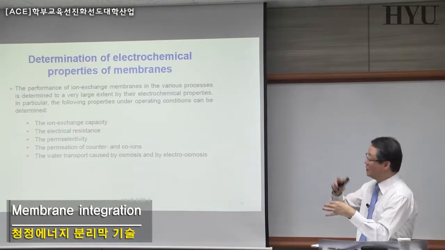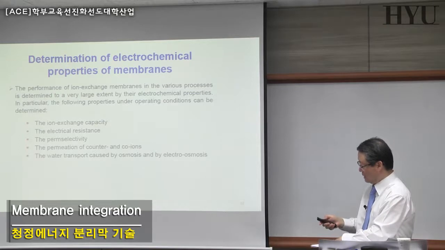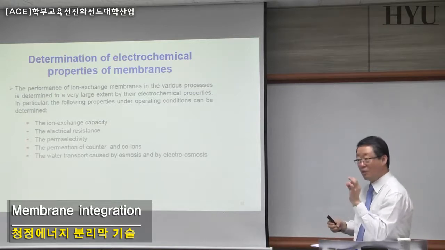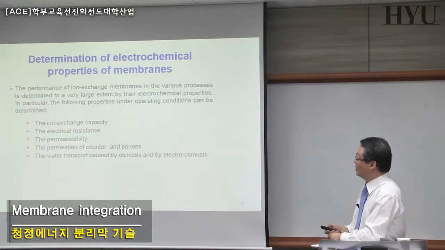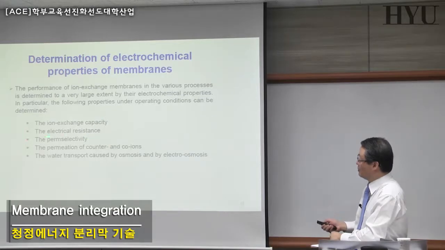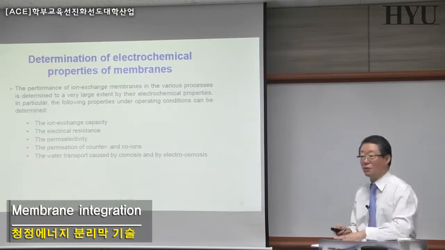What about selecting the membrane among the two charges? That's what we call the permselectivity. And permeation of the counter ions, that's another way of making the proper determination. And water transport as well. So we will talk one by one.